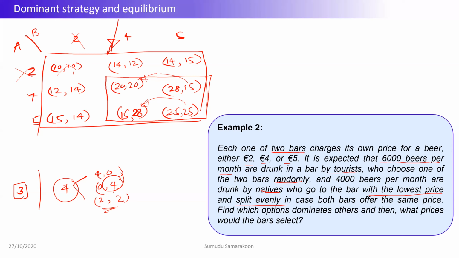Of course, if they agreed, they could have gone here, but since there is no agreement, this action seems to be best for B. Similarly, for A, 15 is lower than 25, and 25 is lower than 28. So he's also picking this one. So they are going to end up in this case. So this is the dominant strategy.